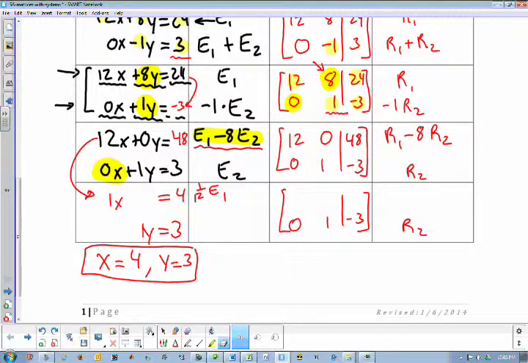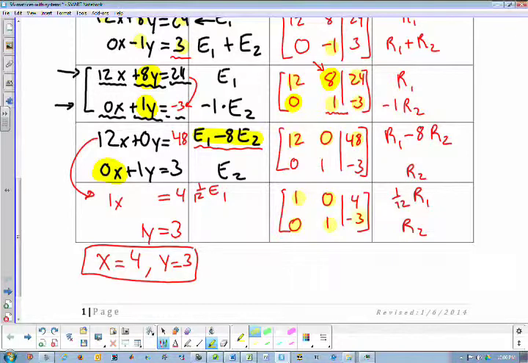Row 2, we're just going to copy. Row 1, we want it to be 1, 0, and we can do that by taking 1/12 times row 1 from above, and we get this. 12 times 1/12 gives us the 1 we're looking for. 0 times 1/12 is 0. 48 times 1/12 gives us 4.